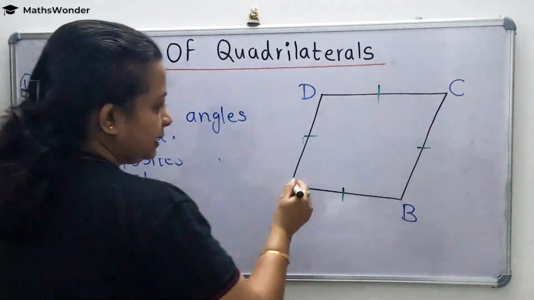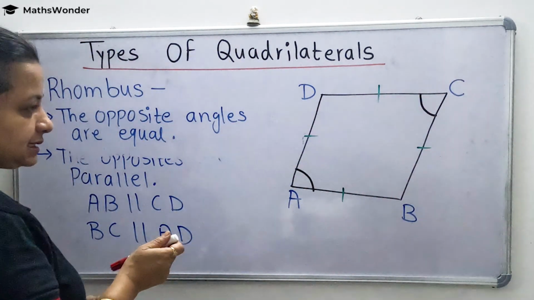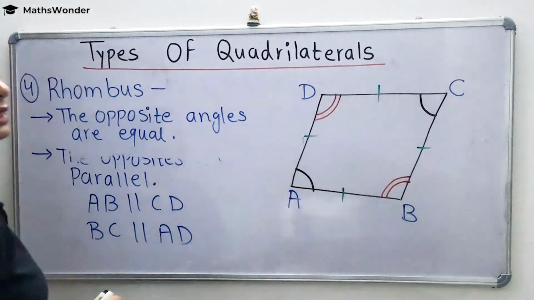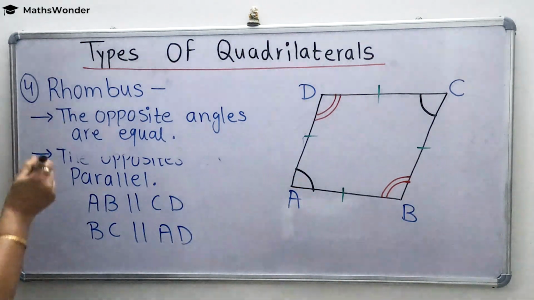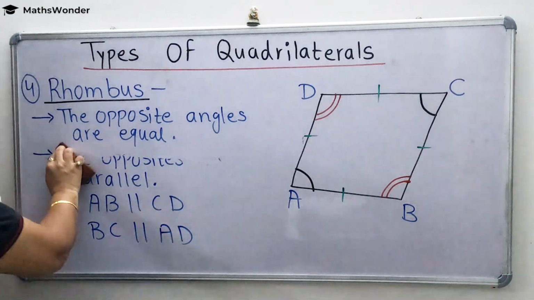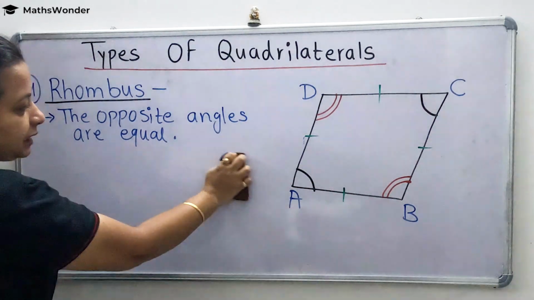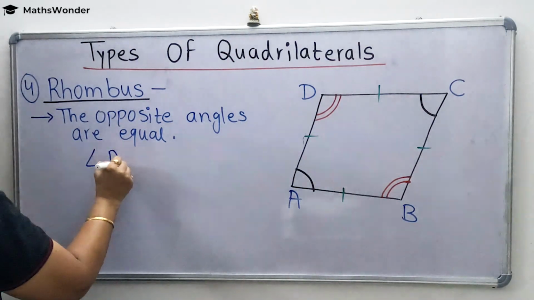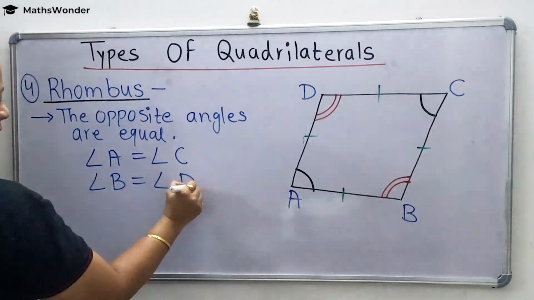As you know, this is equal to this, because these two are the opposite angles, and the other pair of opposite angles is B and D. So these two opposite angles are equal. How will you write it in mathematical language? Opposite angles are equal. Angle A is equal to angle C. Angle B is equal to angle D.